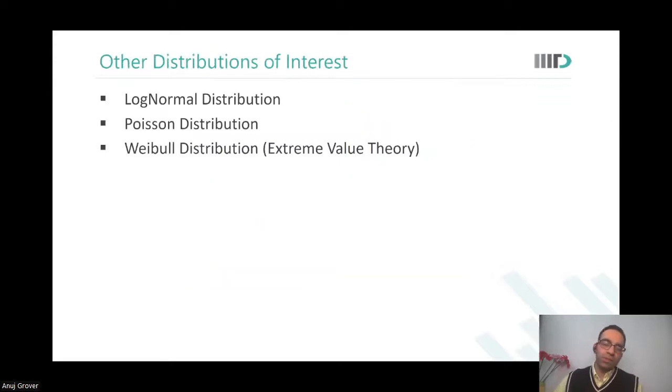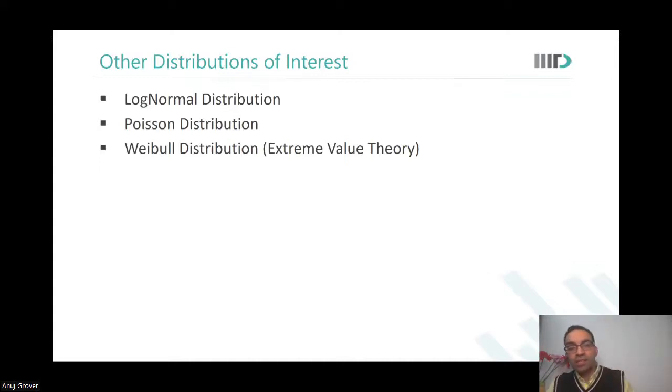So till now we're talking only about Gaussian distribution, and that is actually the most common distribution that you will see. However, in reality, in VLSI, you will also see log normal distributions, Poisson distributions, and Weibull distributions or extreme value theory being applied to various parts of VLSI design. Each of these could be of interest depending on what project you are working on.